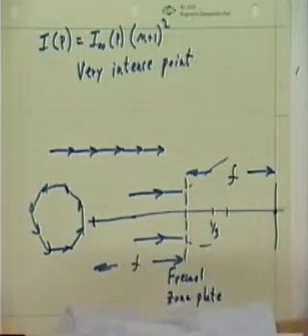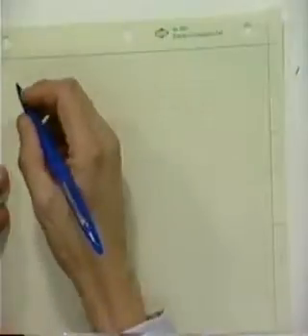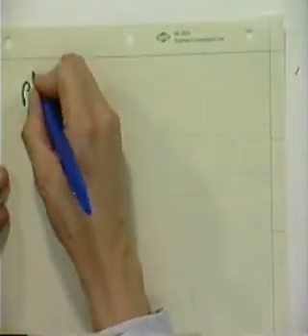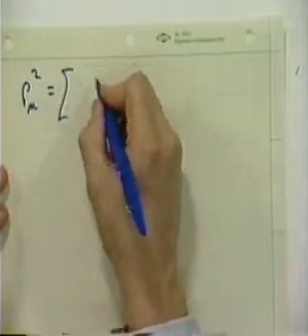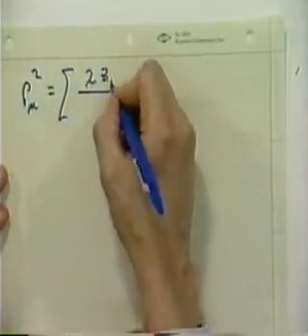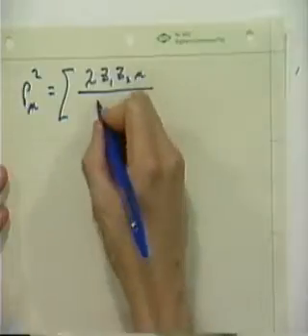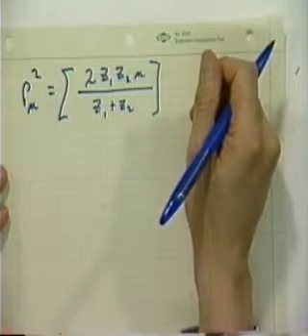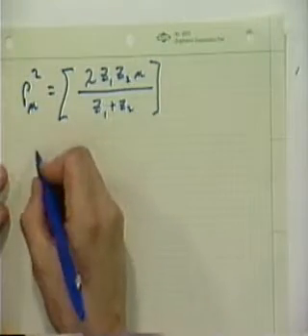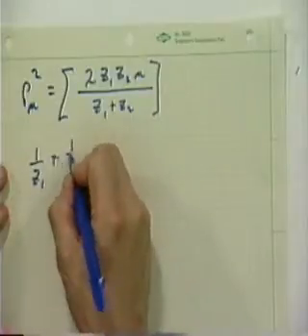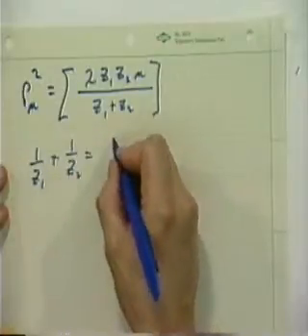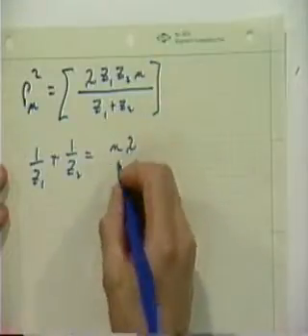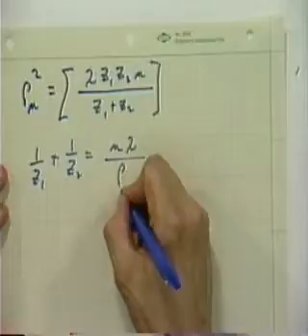So let's write down some equations and we'll come back to this. The equation we had here was that rho sub n squared was lambda z1 z2 n over z1 plus z2. Okay. And we could play with this for a second, and we get 1 over z1 plus 1 over z2 is equal to n lambda over rho sub n squared.